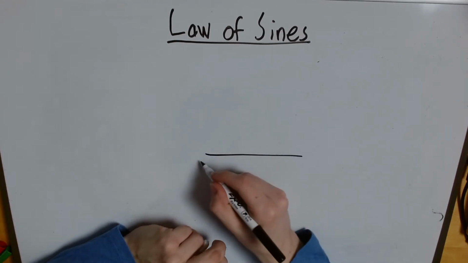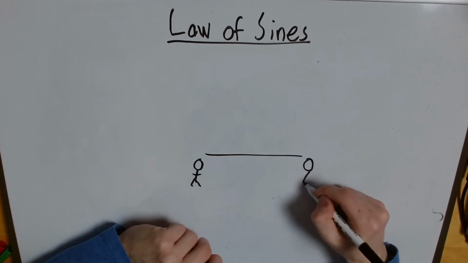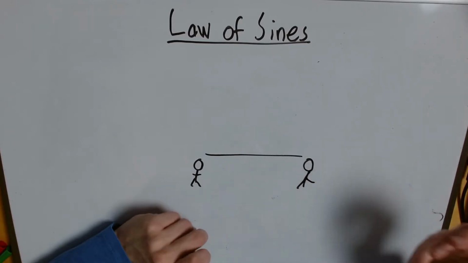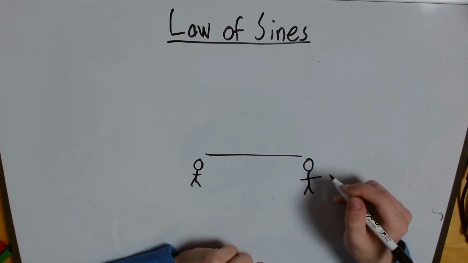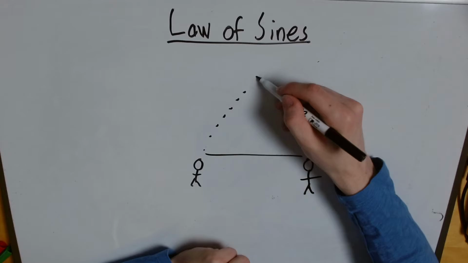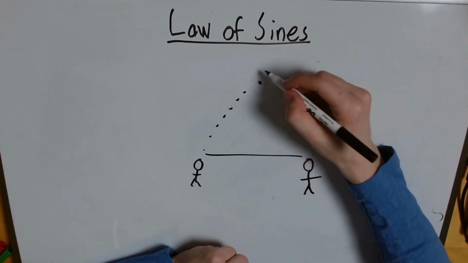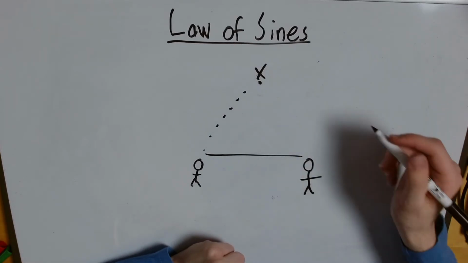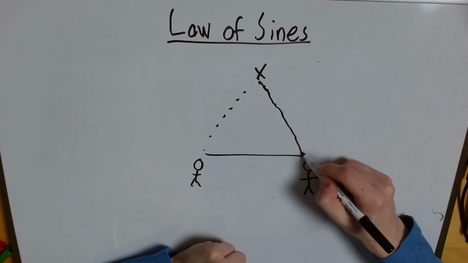Let's imagine that I'm standing here, and you're standing here. And I, for some reason, I'm sending up a drone, right? That's here. I'll just call this X, and it has an angle down towards you, like this.